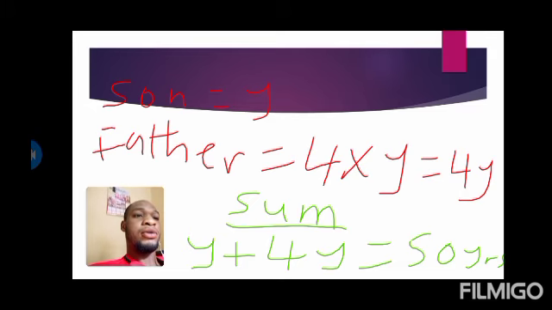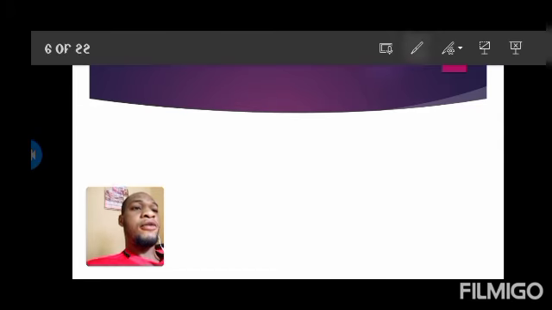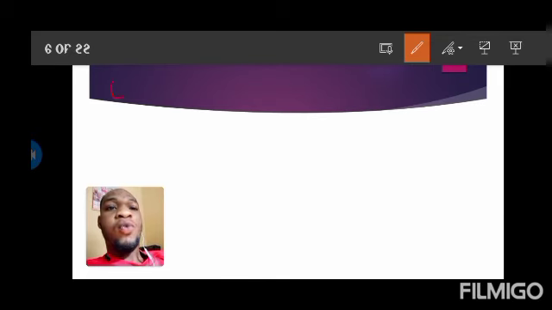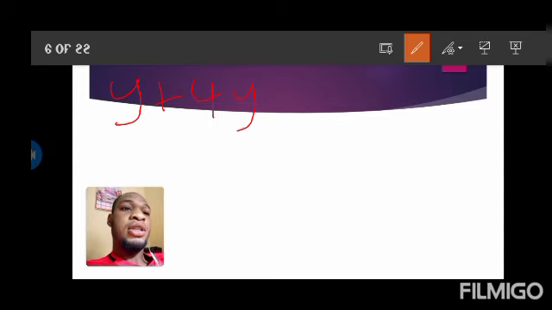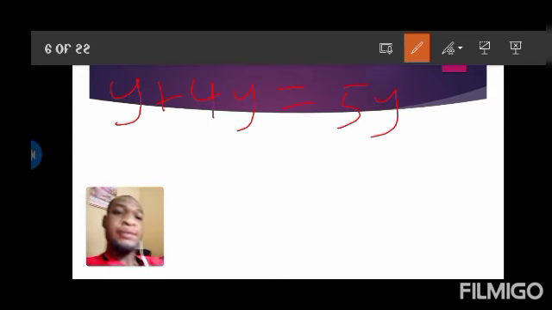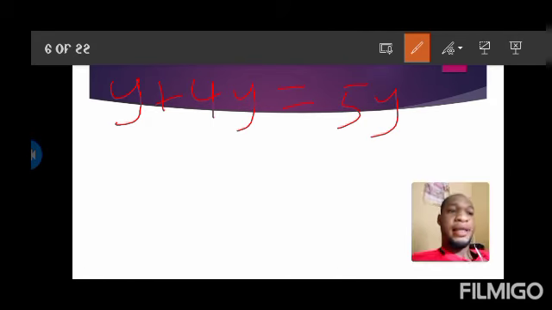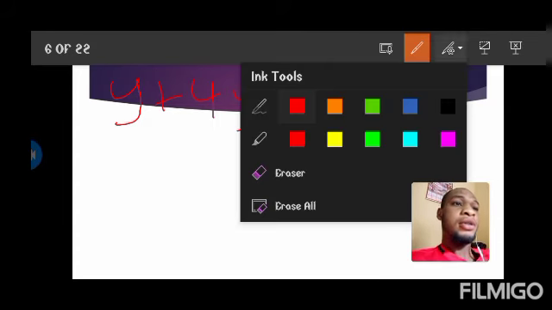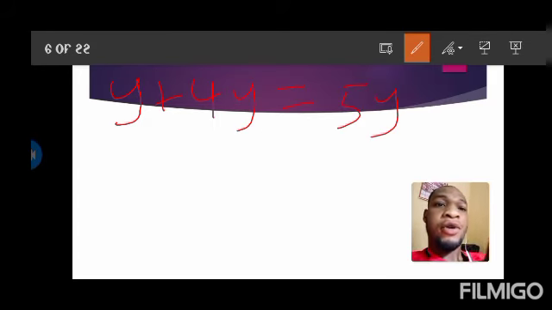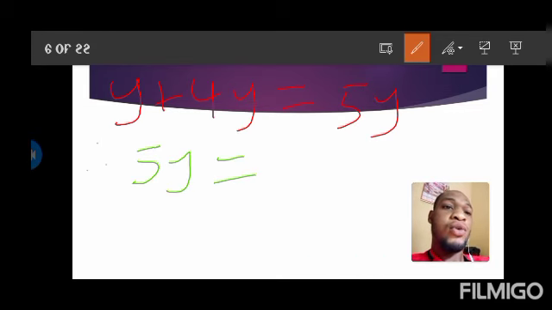So please take note, we are moving forward. y plus 4y is what? It is 5y. You agree with that? Yes. If you agree, then we'll continue. y plus 4y is 5y. Therefore, 5y equals 50.